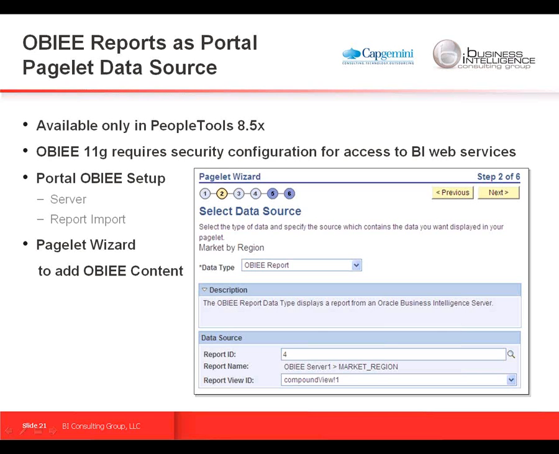Security, impersonation, and web service access have been split out into different pieces. So if you're using OBIEE 11g, there is a little bit of setup we need to do to make sure you have a user who can impersonate another user, or that user can also access the BI web services.